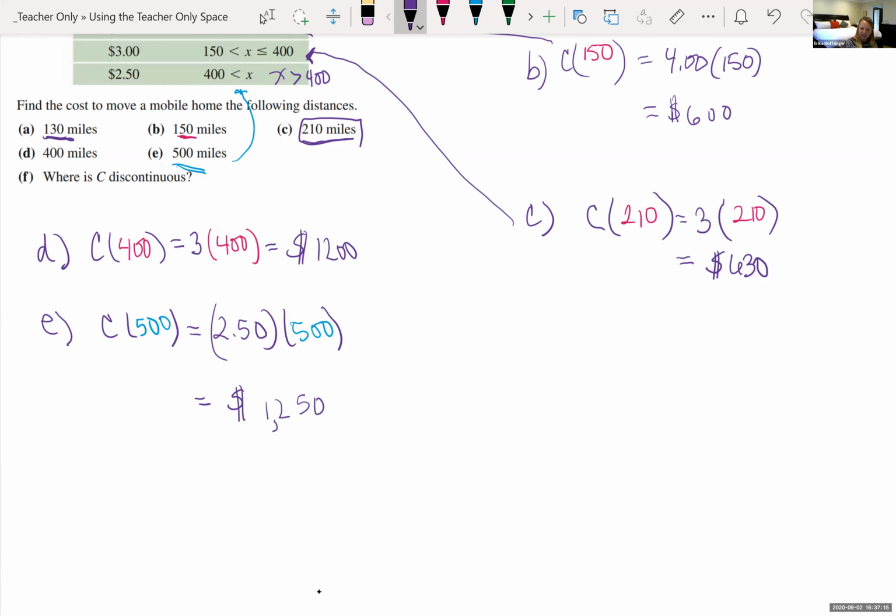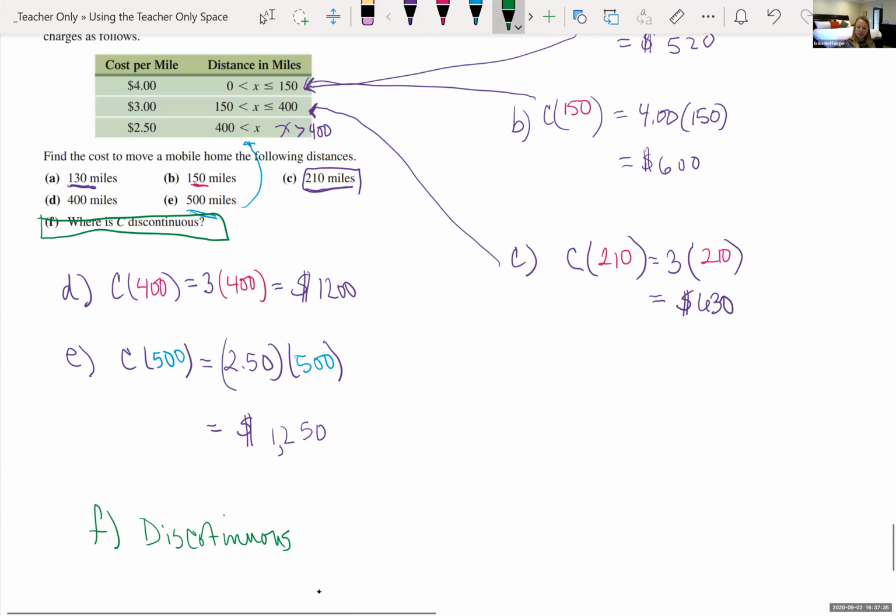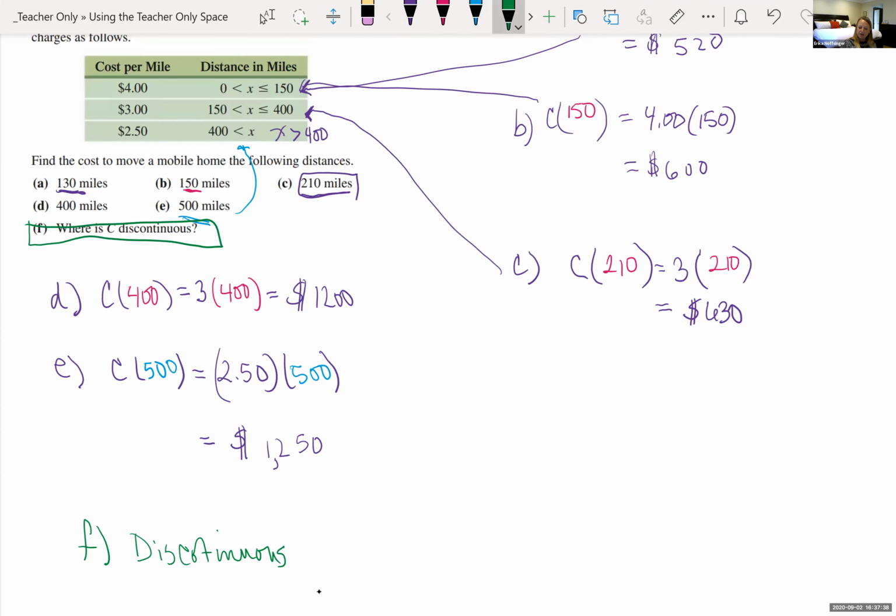And then the last question is, where is this discontinuous? Well, the only places where it could be discontinuous, and we have to look at, is where we're changing inequalities. So it could occur at 150 miles, and it can occur at 400 miles. If I use the equation on the left, the smaller one, they're never going to give us the same thing.